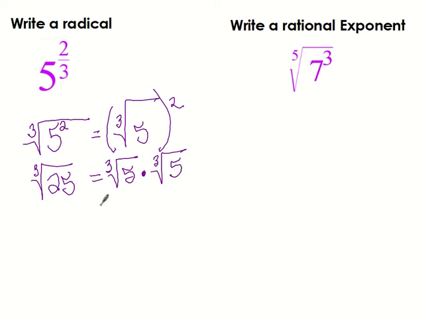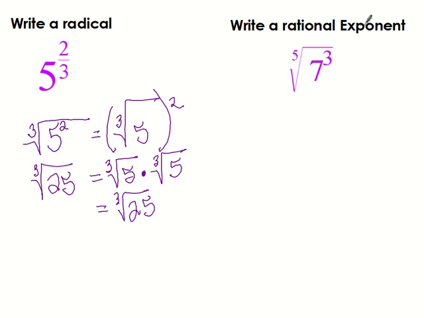Okay, and then when we put them together, we get that cube root of 25. Okay, because of that same similar base situation. Excuse me. So this is the more common way, but both end up with the same answer.